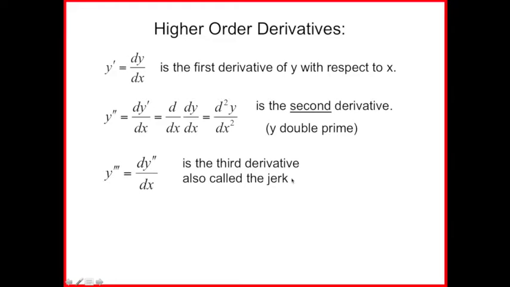And this is kind of a physics thing, where if we start with a function y, we usually consider that position, and then y prime we consider the instantaneous rate of change of position, so we call that velocity. Then y double prime is acceleration, and y triple prime is the change in acceleration. And the change in acceleration is called jerk.